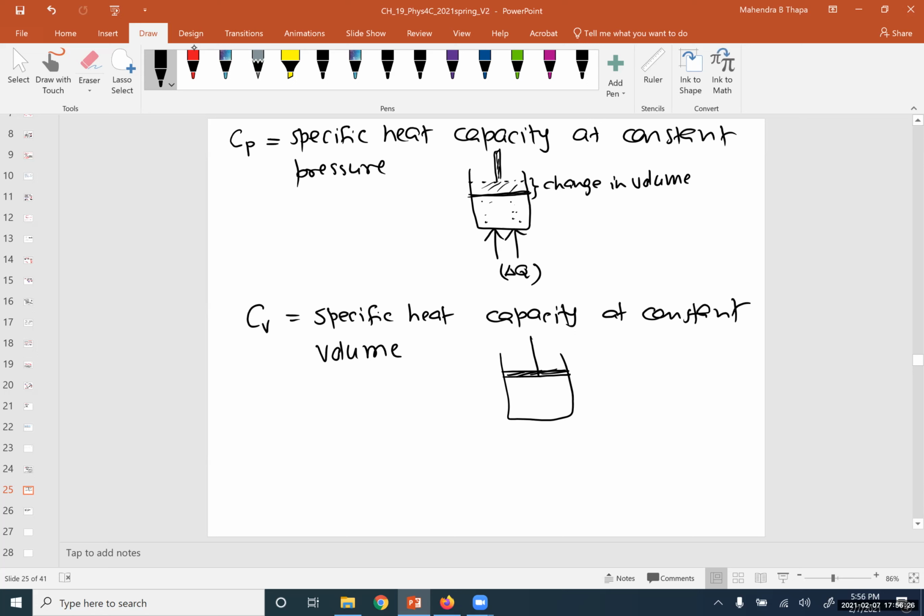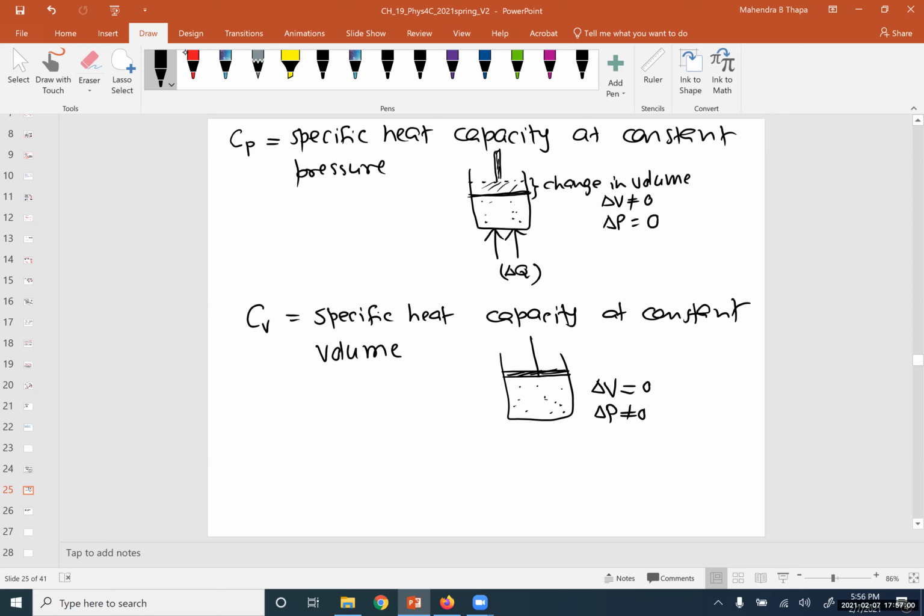In the previous case, the piston is moving. Here, the piston is fixed, so the volume of the gas is fixed. So we don't have a change in volume. But in this case, we do have a change in P. Here, change in V will be 0, but there will be a change in P. But in the previous case, change in P is equal to 0, but there is a change in V.